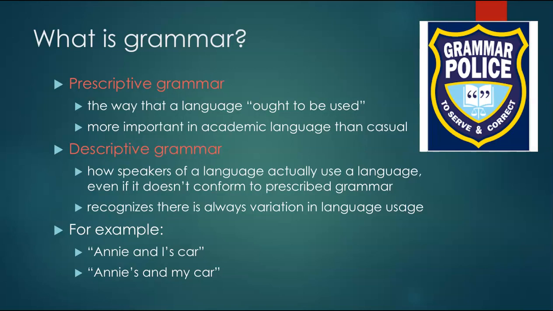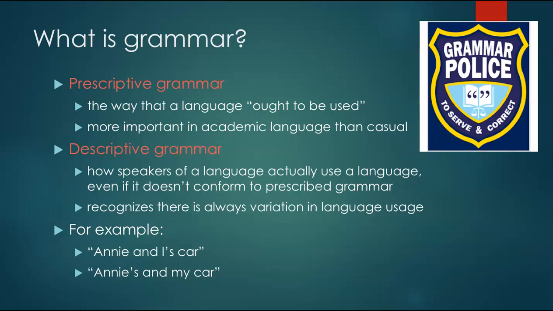Or you often might hear people say, come with Jenny and I. Well, the prescriptive grammarian would say, no, you would come with Jenny and me. Or the opposite, Jenny and me are getting a pizza. Well, the prescriptive grammarian would say, no, Jenny and I are getting a pizza.